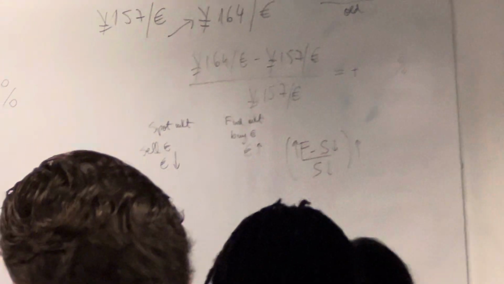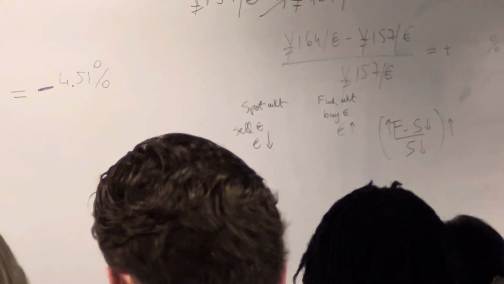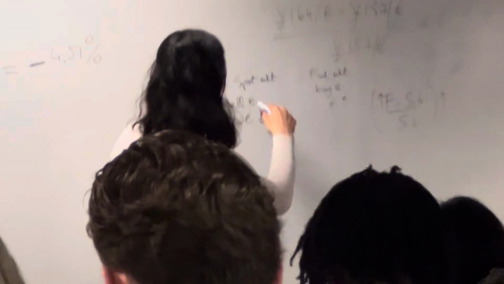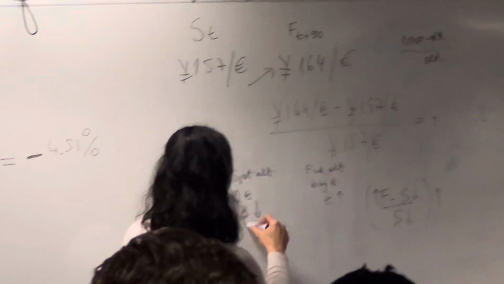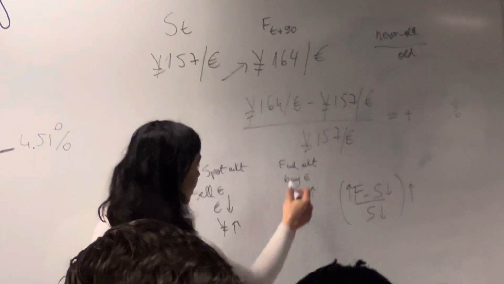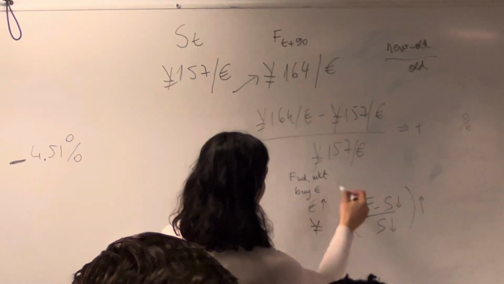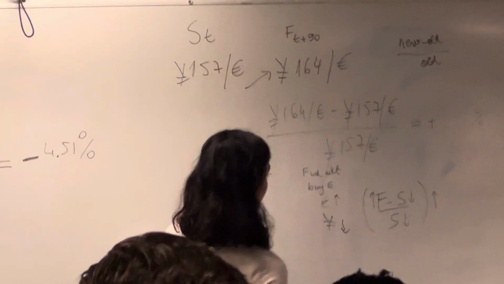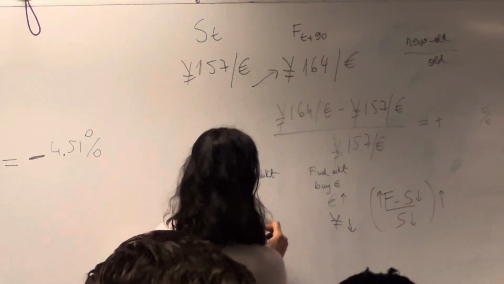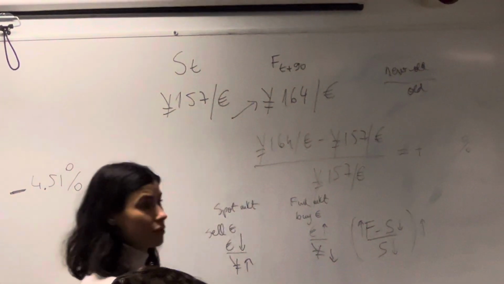And that will be versus a different currency, so with the yen in our example. So if you sell a euro for yen, then the euro goes down and the yen goes up. And here is the opposite. So you buy euros and you sell yen, so yen goes down. But if the euro is at the denominator, we were looking at that.